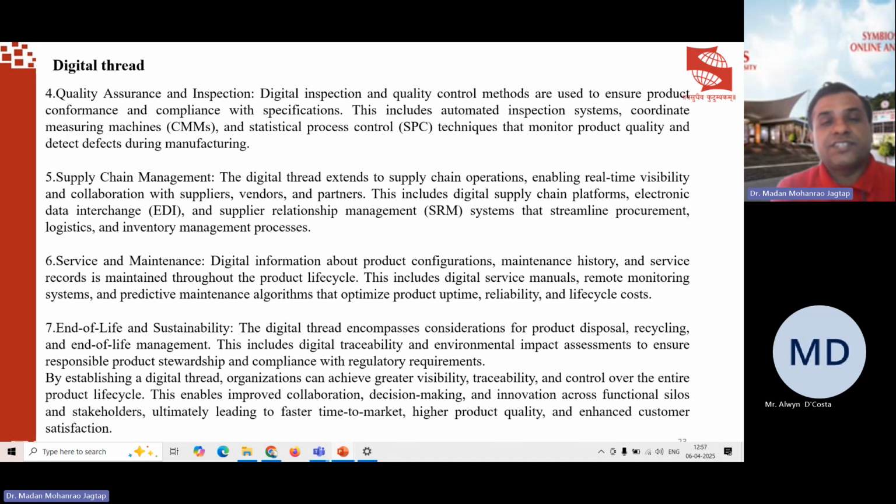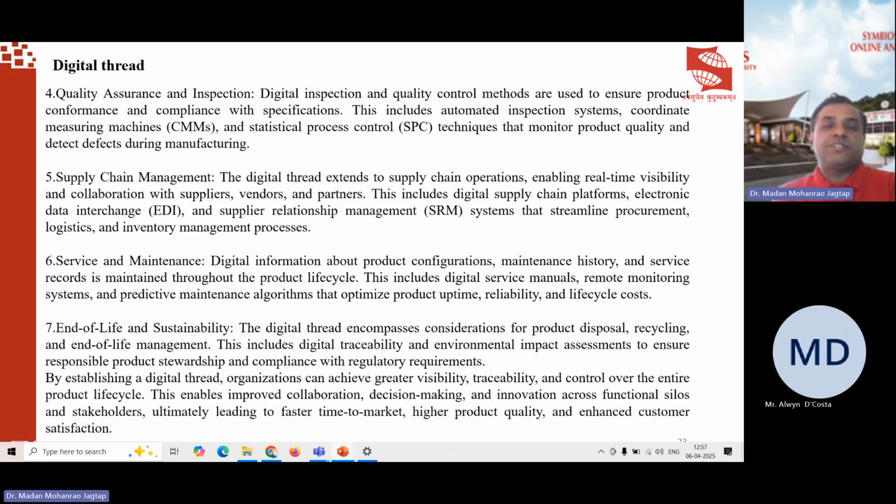We can have a statistical process control technique, where again we identify the defects in that product, and we can monitor product quality and detect defects during manufacturing. So the previous digital thread comes here in quality assurance and inspection. It is communicating that data to the quality assurance and inspection step.